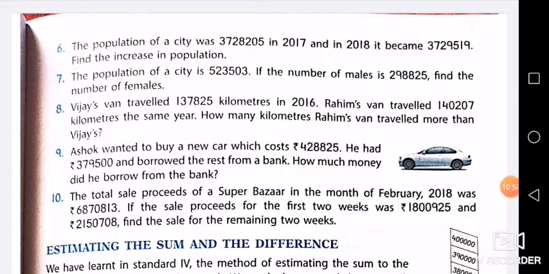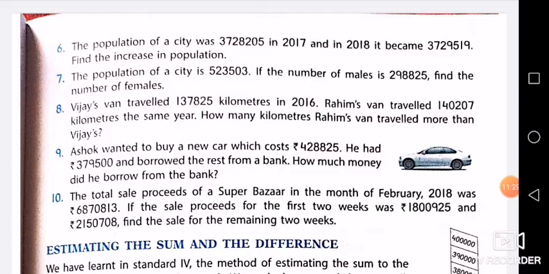Increase in population, fine. Because in 2018 the population has increased, out of 37 lakh 29,519, you will subtract 37 lakh 28,205. Do the subtraction, you will get the answer. It's quite easy. Now question number 7. The population of a city is 5,23,503.